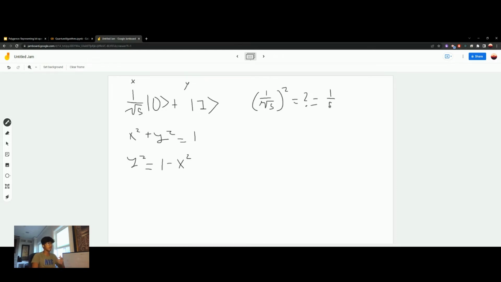So you just have 1/5, right? So same thing here, y squared is equal to 1 minus 1/5, which is just y squared is equal to 4/5, because 1 is just 5/5, right? So here we'd have y is equal to square root of 4/5.